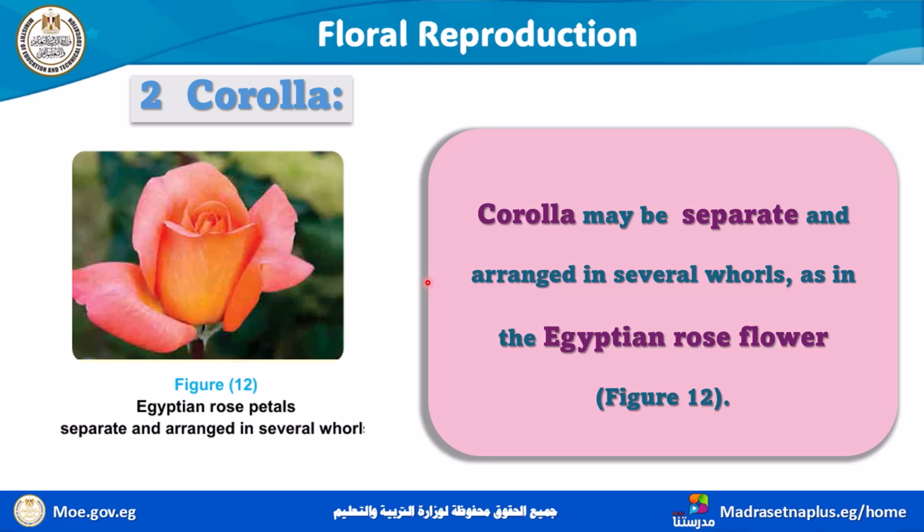In some other cases, the corolla may be separate and arranged in several whorls, as in case of the Egyptian rose flower, as you can see in figure 12. So in case of Egyptian rose petals, they are separated and arranged in several whorls.